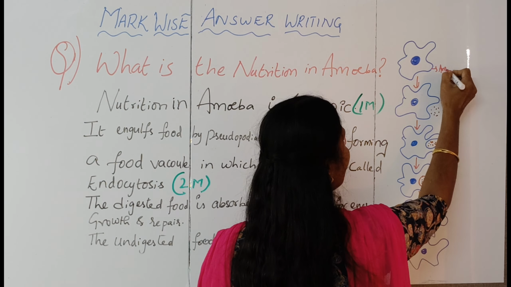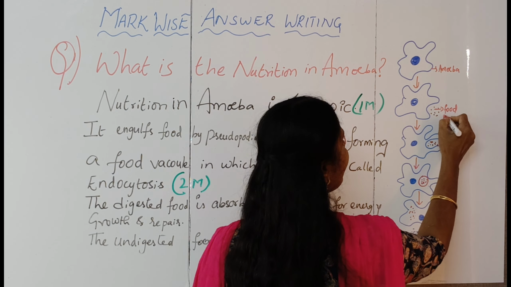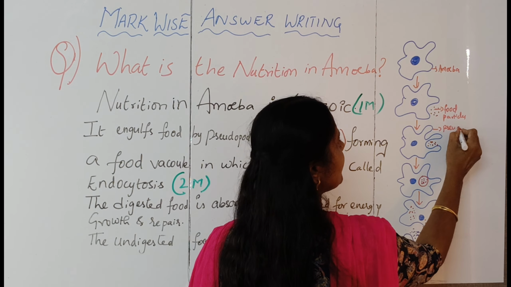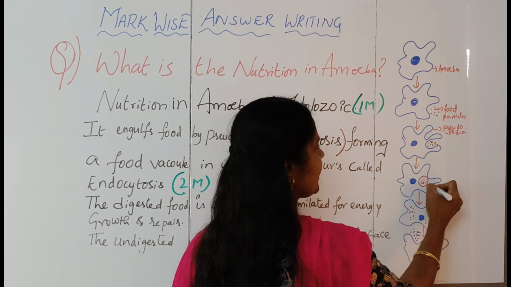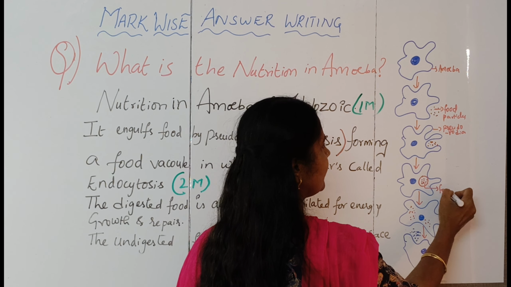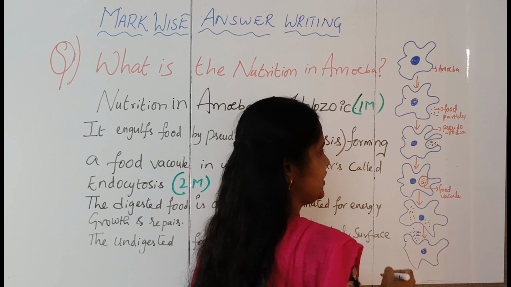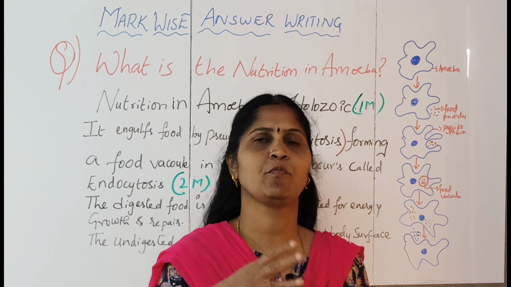Label this as amoeba, and these are the food particles. Then you can label the pseudopodia or false feet. Then followed by this, you can label the food vacuole, and we can show the egestion process. So like this, you can draw the diagram if it is for 4 marks.